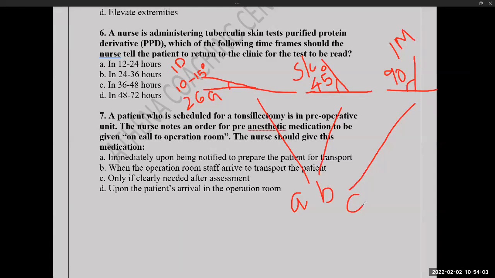And hepatitis B vaccine. IM. So the answer is C. It is an IM injection. Measles.